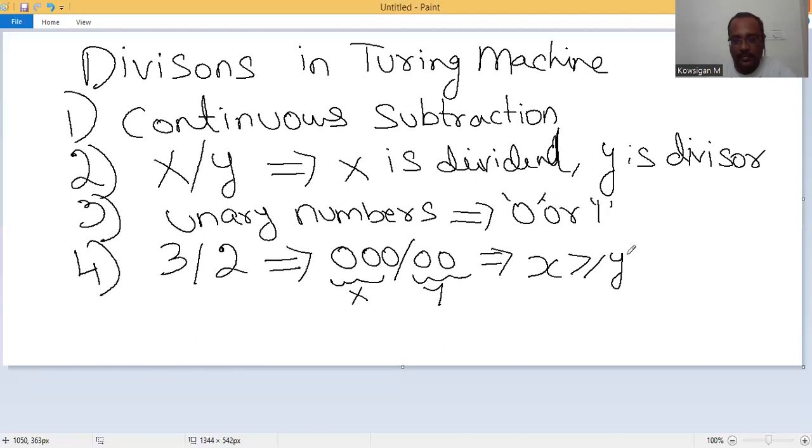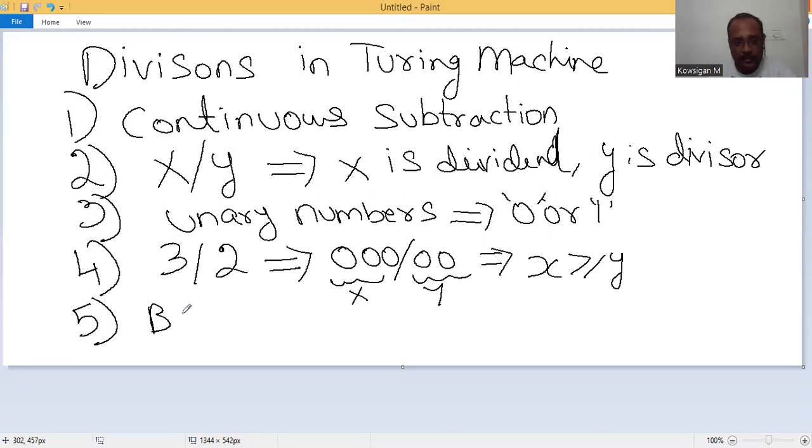So how we can represent this in the Turing machine is, we know that the left hand side will be blank and the right hand side will also be blank. Here it is x divided by y, where x is taken as 3 and y is taken as 2.